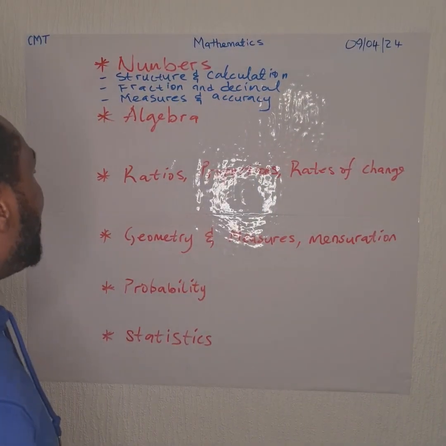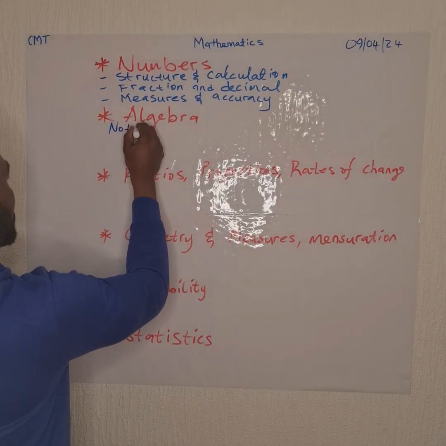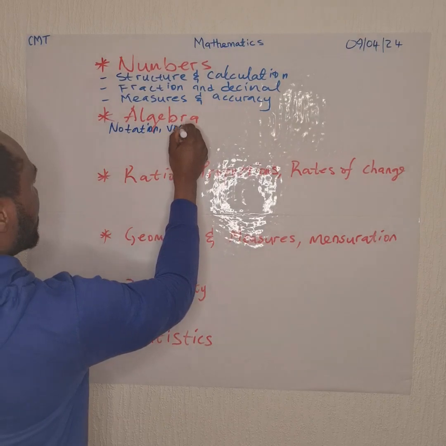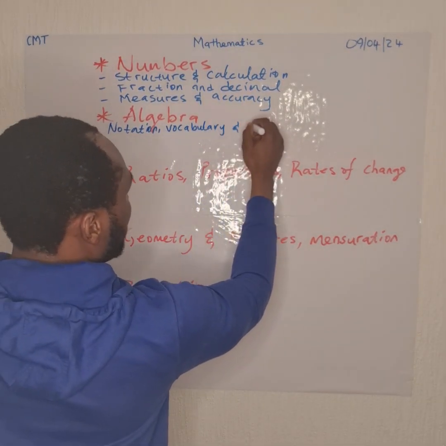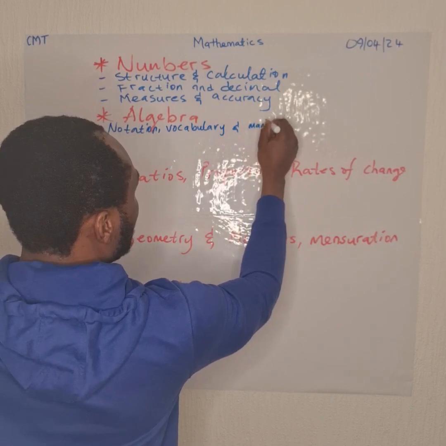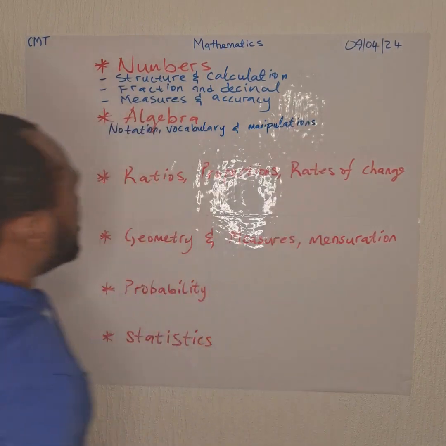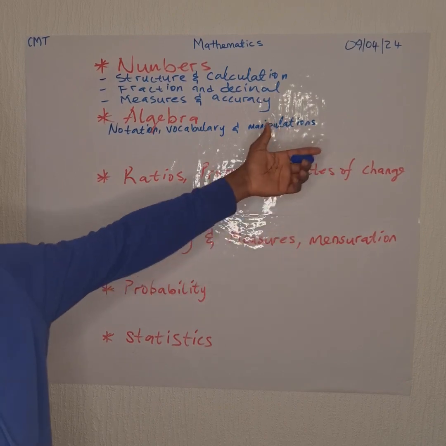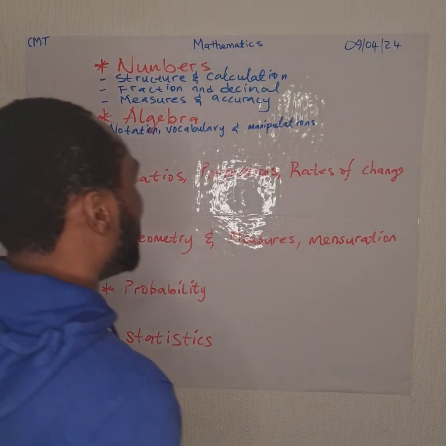Well, under algebra, we'll be looking at notation, vocabulary, and all sorts of manipulation. That's any problem that has to do with word problems leading to any form of equation, quadratic equation, simultaneous equation, or one quadratic, one simultaneous, whatever it is.